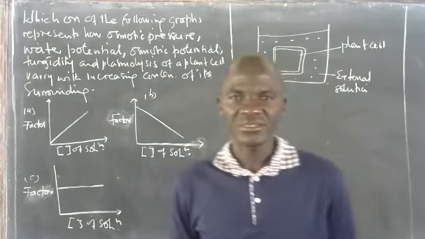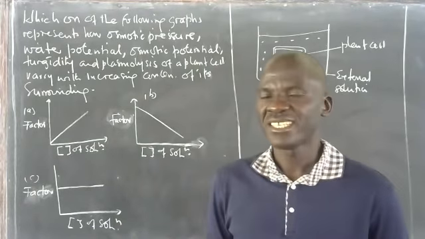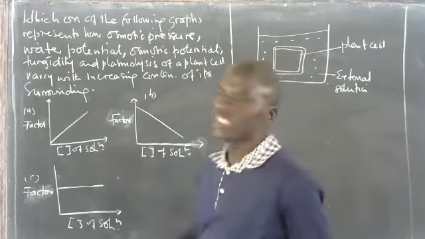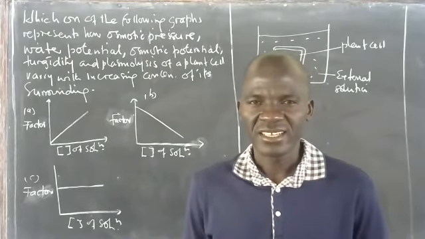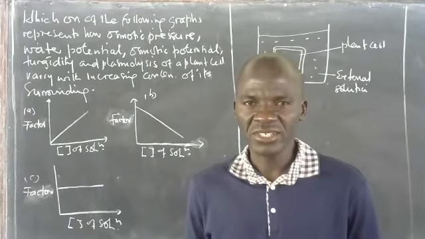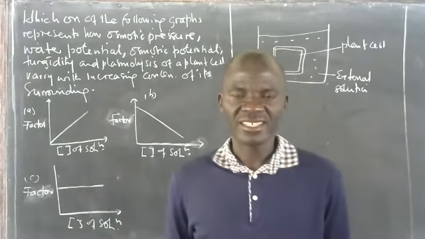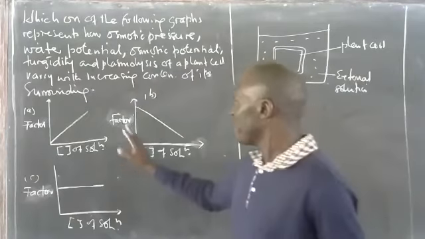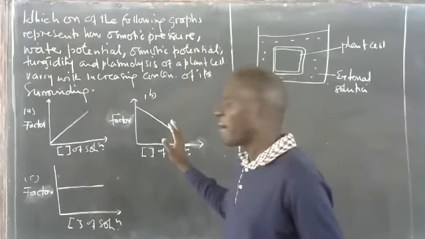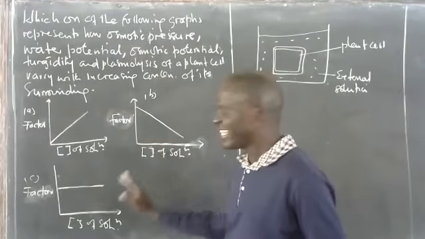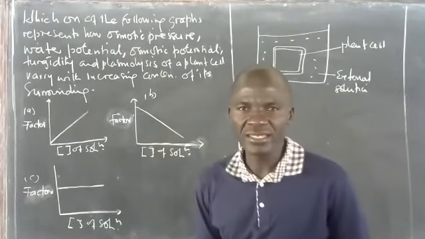Who can tell us which graph can represent? Osmotic pressure of the cell. Will it vary like A? Will it vary like B? Will it vary like C? Who can give us the answer?